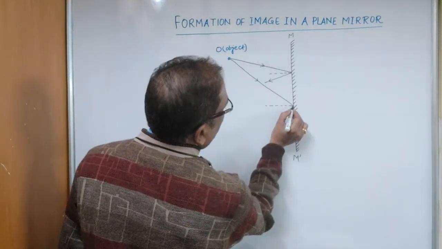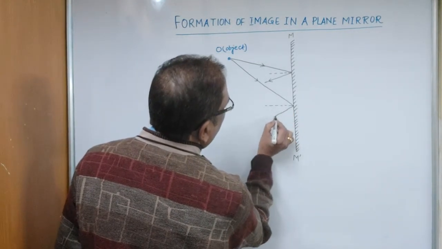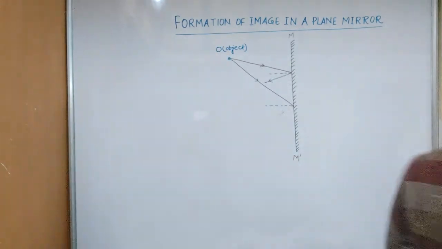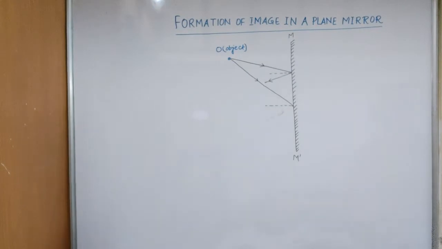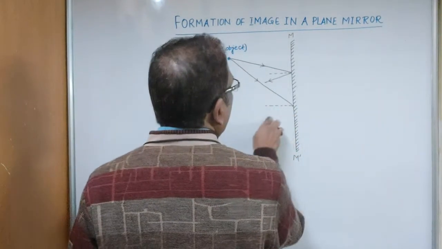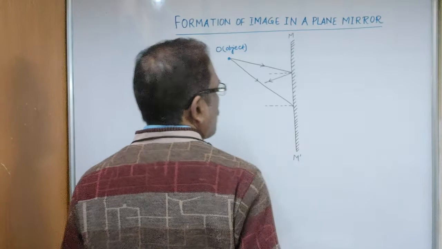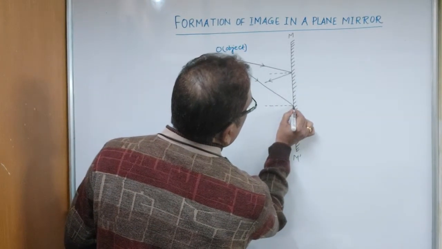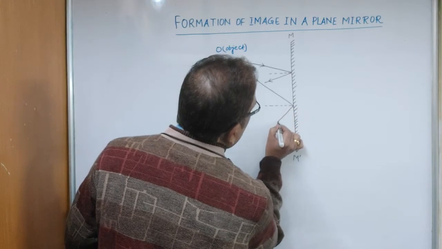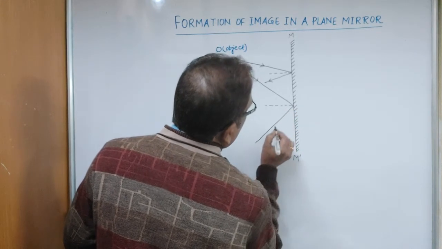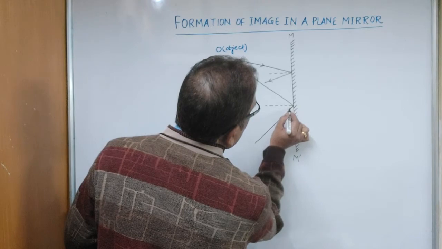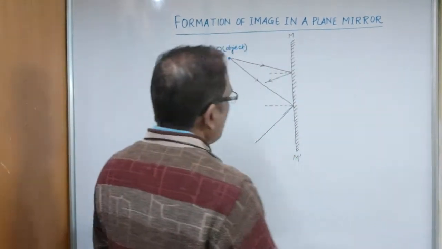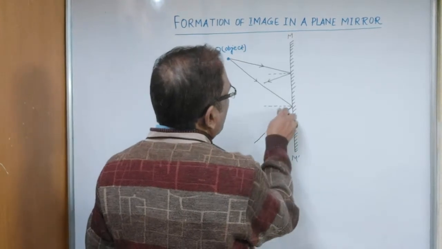So this ray will reflect back by making the same angle with the mirror surface.